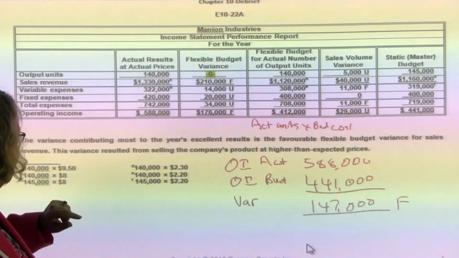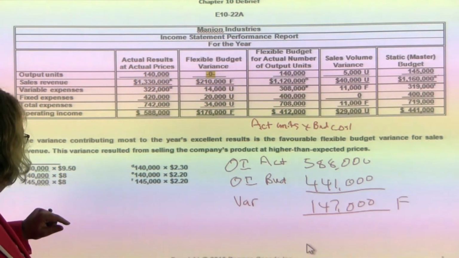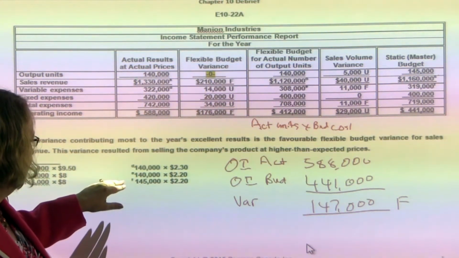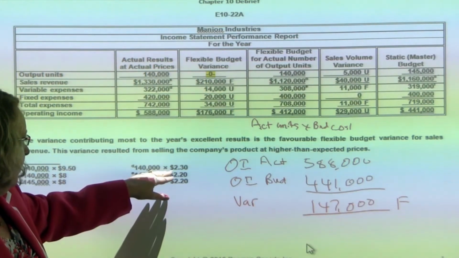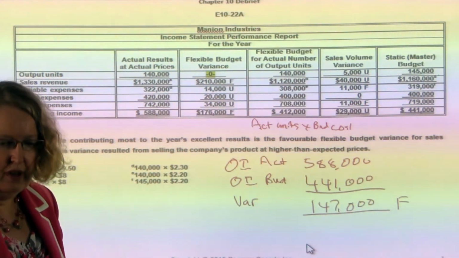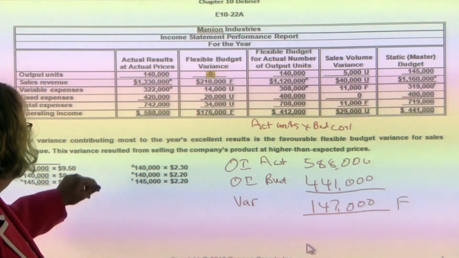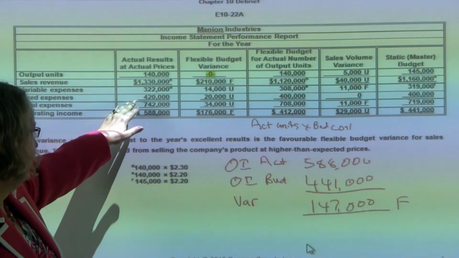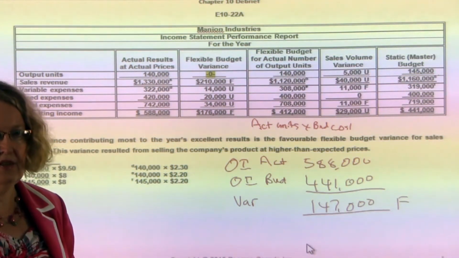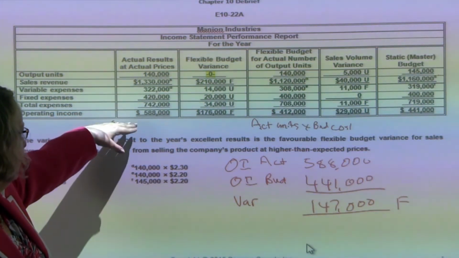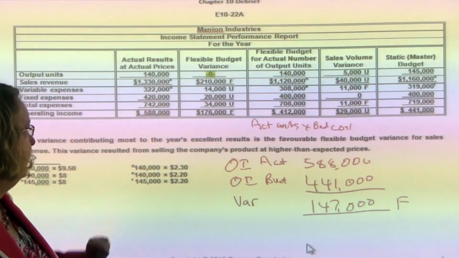Your variable expenses actually came in at a bit of a higher cost than expected, at $2.30 per unit. So that came to 322,000. Your fixed expenses, the actual fixed is given to you in the problem, so no calculations required. You add those up, subtract them from the revenue, operating income of 588.